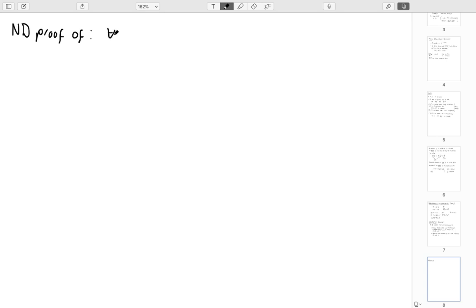So it says that if P holds for all x and Q holds for all x, then for all x we have that, as a bracket, both Px and Qx hold.